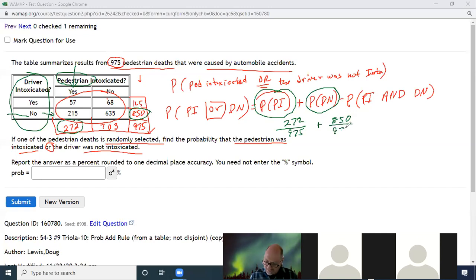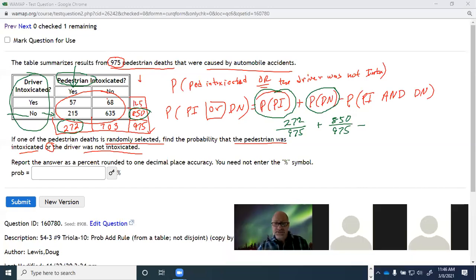out of 975. Now, this is something we haven't talked about yet, but is a crucial element, an idea in probability.